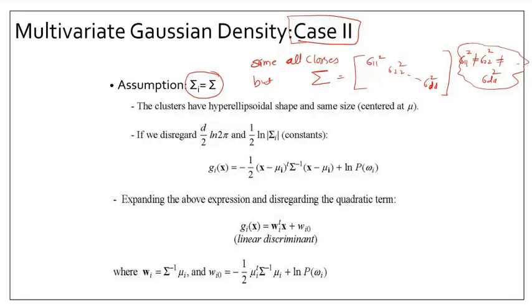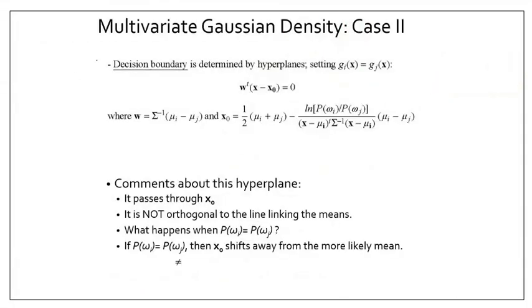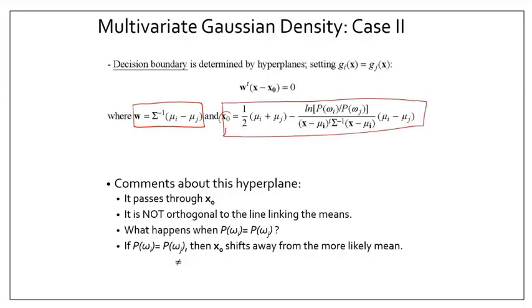So we are now making a more generalized thing, and again we will solve for g1x, g2x in the same way, and we will try to find w1, w2 and w10, w20. If you simplify that, you will get these two things. So there will be a modification in your x0.